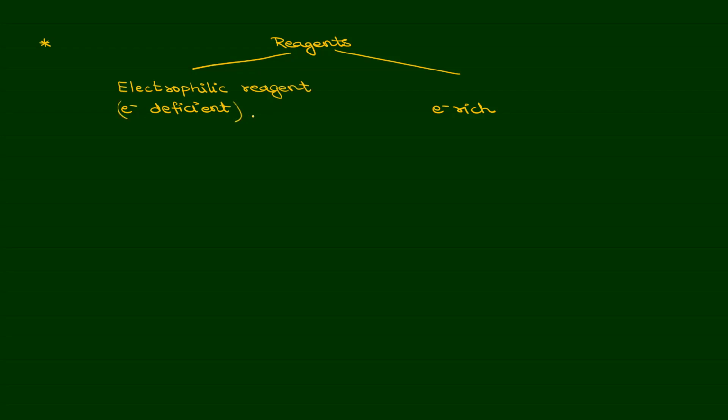And electron rich reagents would have a hate for electrons, so you can call them electrophobic reagents. But the opposite of that would be nucleus loving. Hence, they are referred to as nucleophilic reagents, or shortly, a nucleophile.